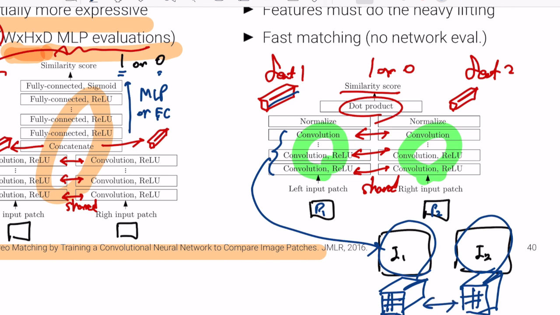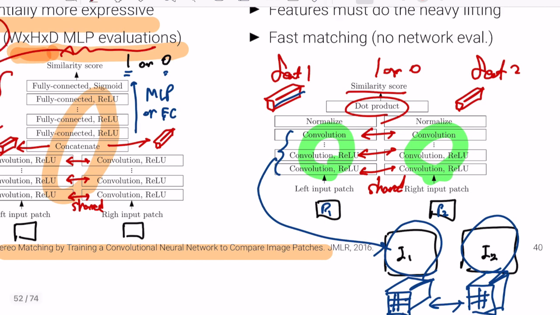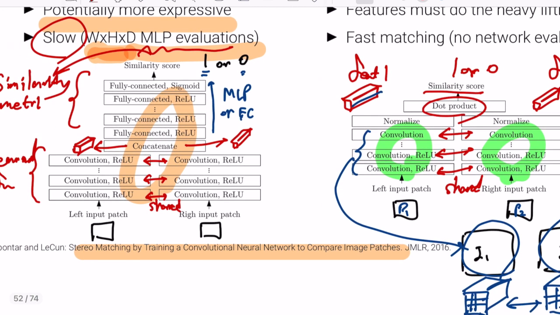Then we just compare the similarity using the dot product, which means we can drastically reduce the complexity compared to this one.